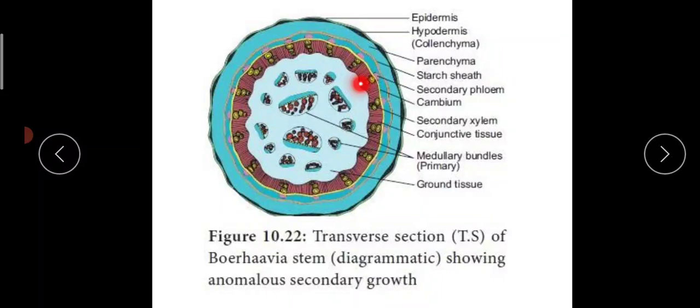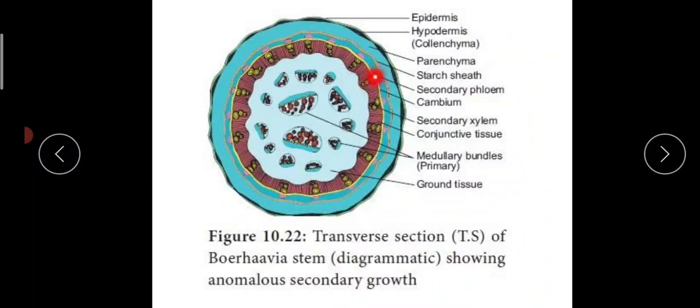The yellow ring is the cambium. These are individual bundles, so the cambium lying in line with each bundle produces secondary xylem to the inner side.